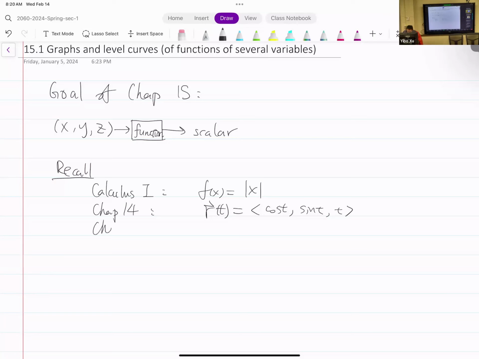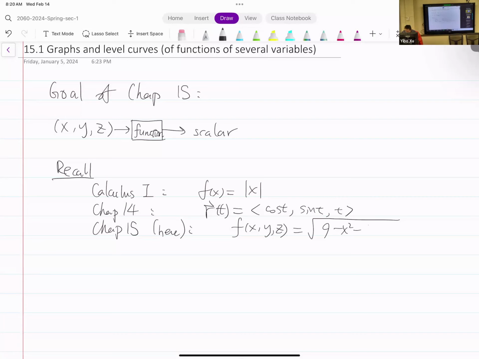And now in chapter 15, we're going to do a little bit more general, where we have more than one input. But then, according to some rule, we calculate a scalar output.